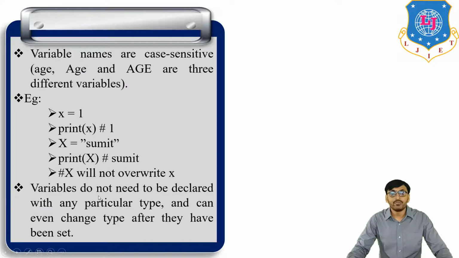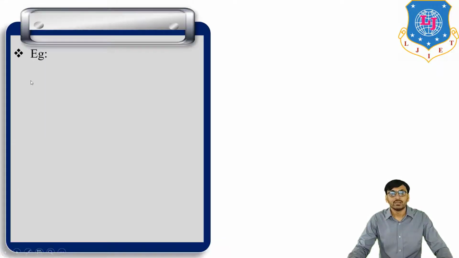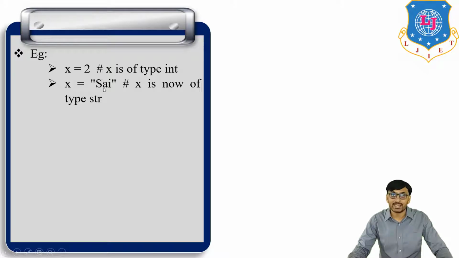Then variables do not need to be declared with any particular type and can even change type after they have been set. So for example, x = 2. It means variable x contains integer value 2. Then x = "pi", pi being in between double quotes. It means x is a variable which contains the string pi.